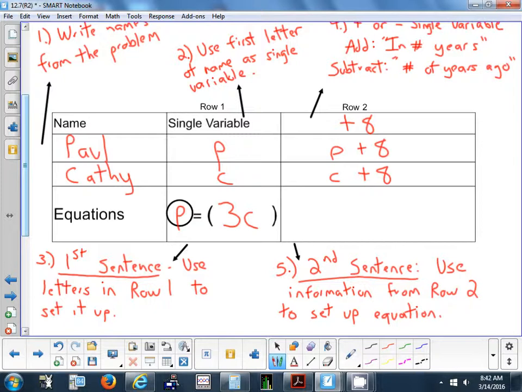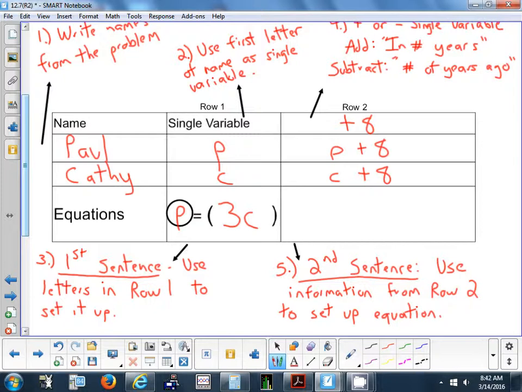The first one we set up is always in the present. The second one that we set up is either going to be in the past or in the future, depending on what the first phrase is in that second sentence.